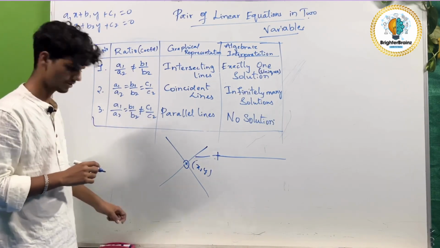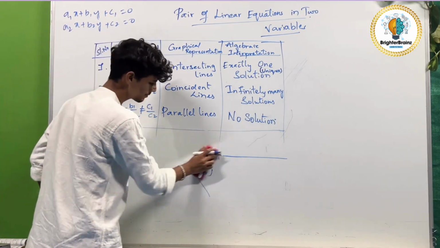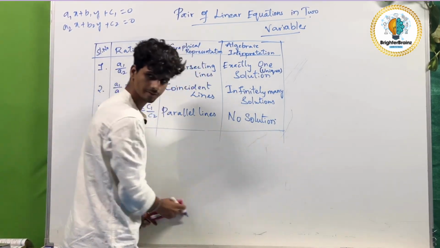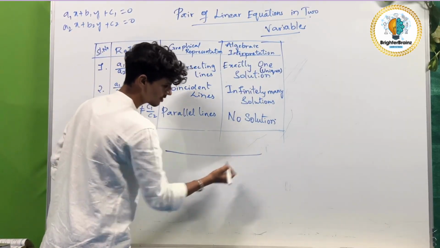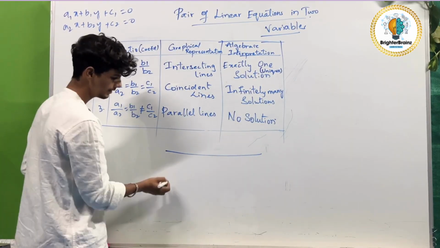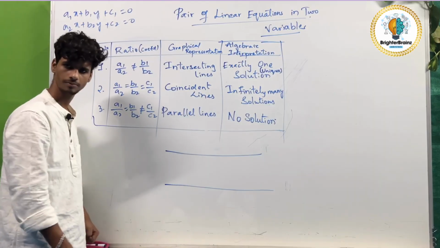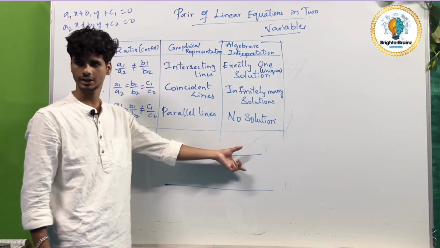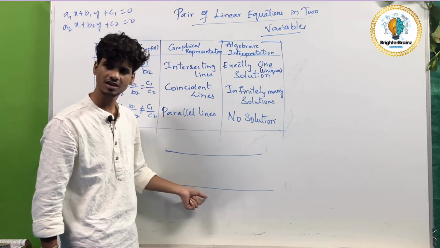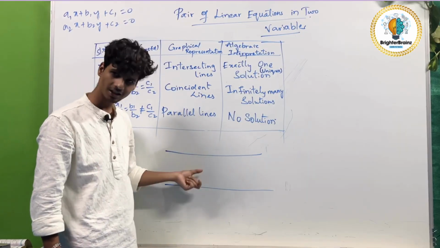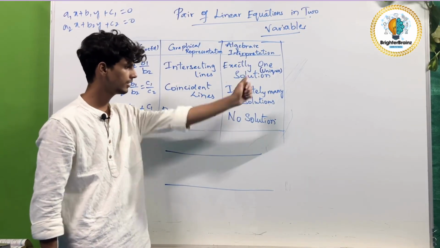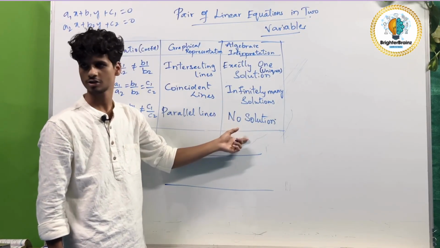Next, parallel lines. So do parallel lines meet at a point? No, right? If this is one of the linear equations and the other linear equation will be in this way, if two straight lines are moving like this, is there any intersection point here? No. So for that reason we are not having a single solution also.